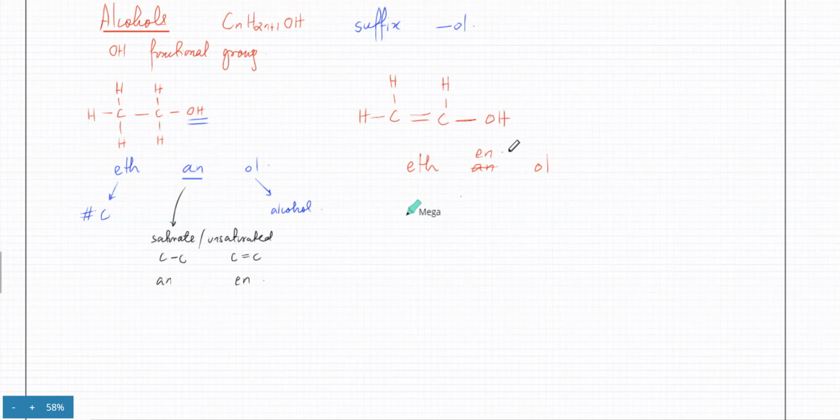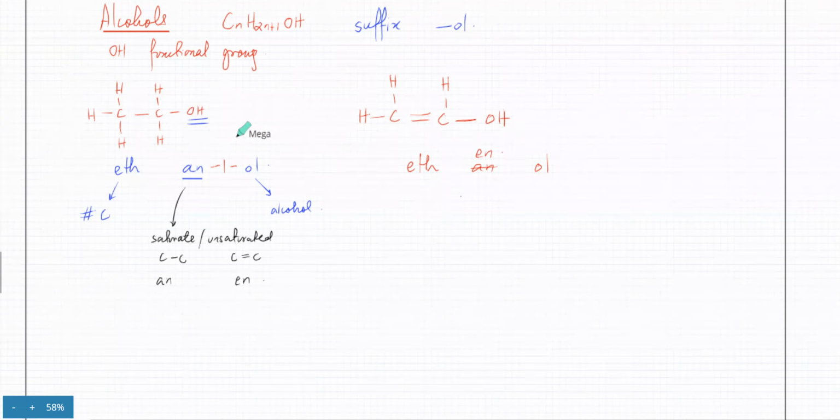Is this clear to everyone? Ibrahim, is this clear? Abba, is this clear? Yes, sir. And obviously with each one, you're going to write the position. OH is at position number 1, so you write the position of the OH group, and 'an' doesn't have a position. It just means it's all saturated.